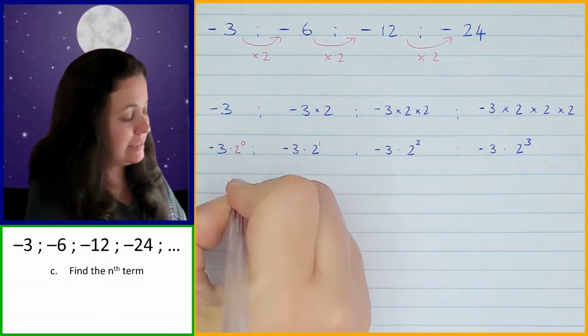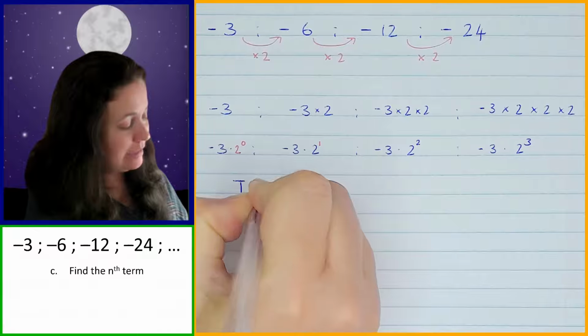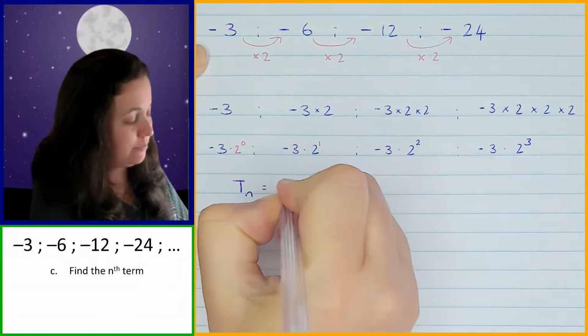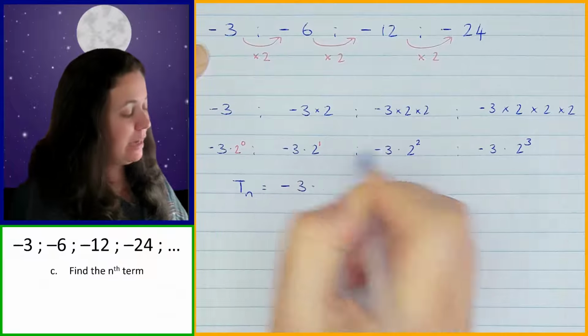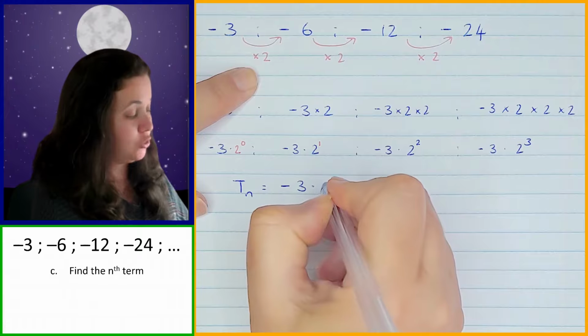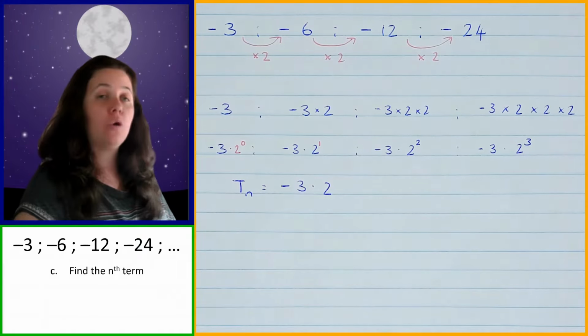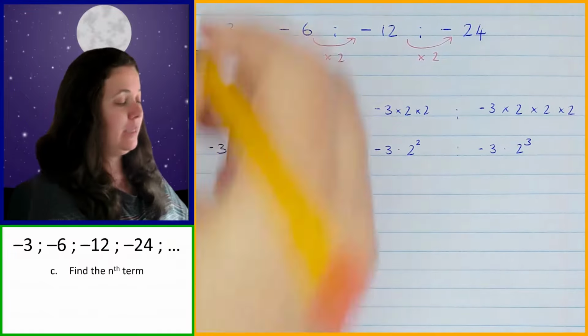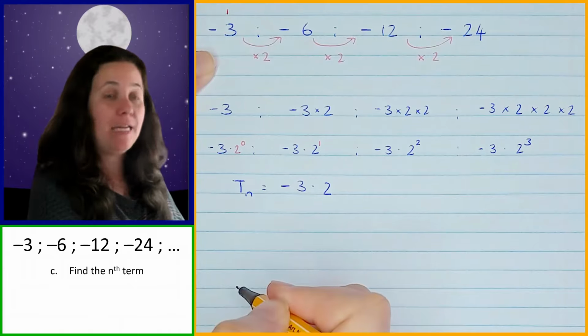Our rule is Tn is equal to, we're starting with whatever the first term was, which is negative 3. And we're multiplying that by whatever the constant ratio is, which in this case is 2. And then the exponent. Now look over here. This term is term number 1. So n is 1.